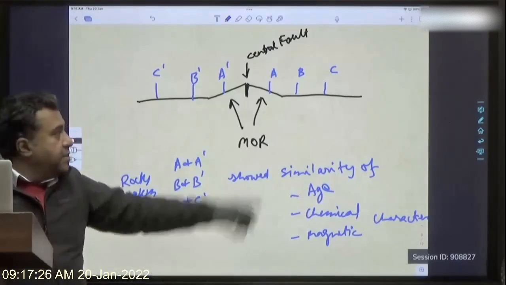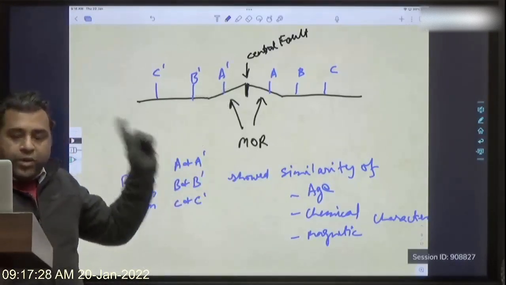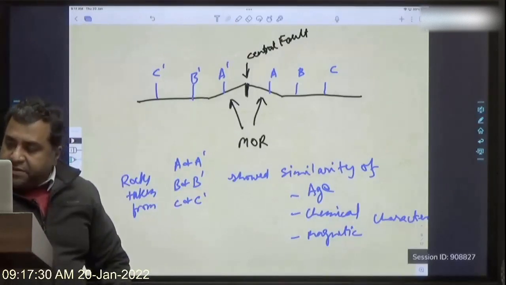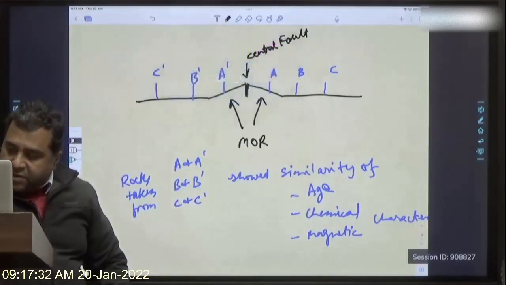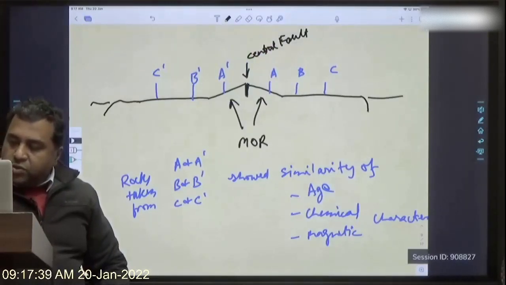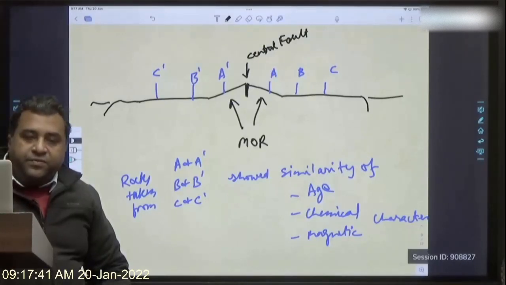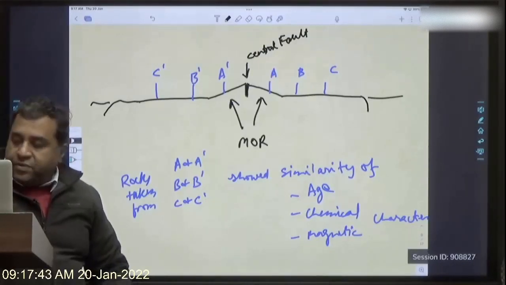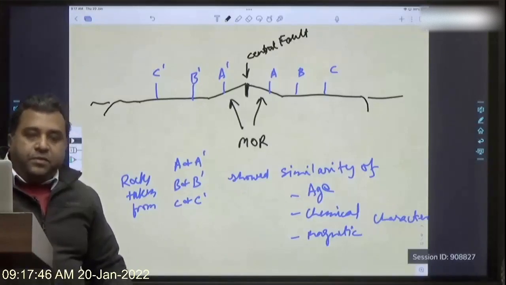So youngest at the central fault and the oldest, let us say there is some trench somewhere like this. Some trench was there, right? So the oldest rocks were found at the trenches. Where the trenches were there the rocks were found, right? Next point.